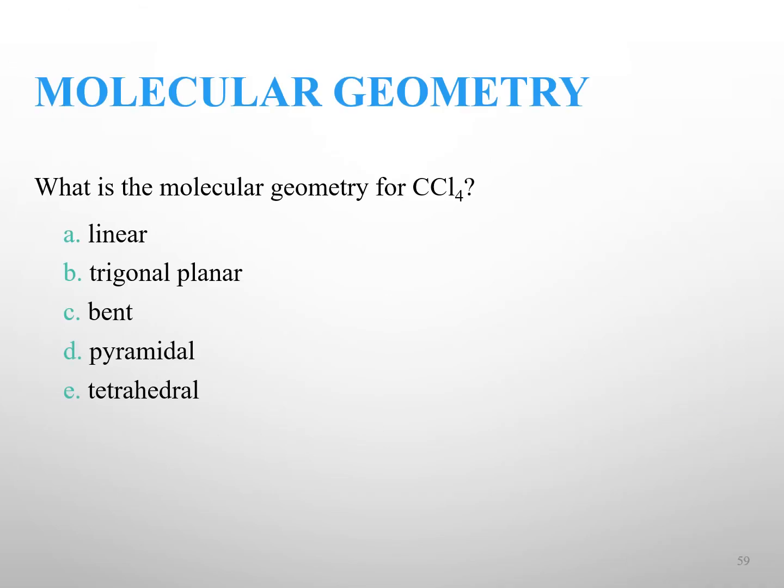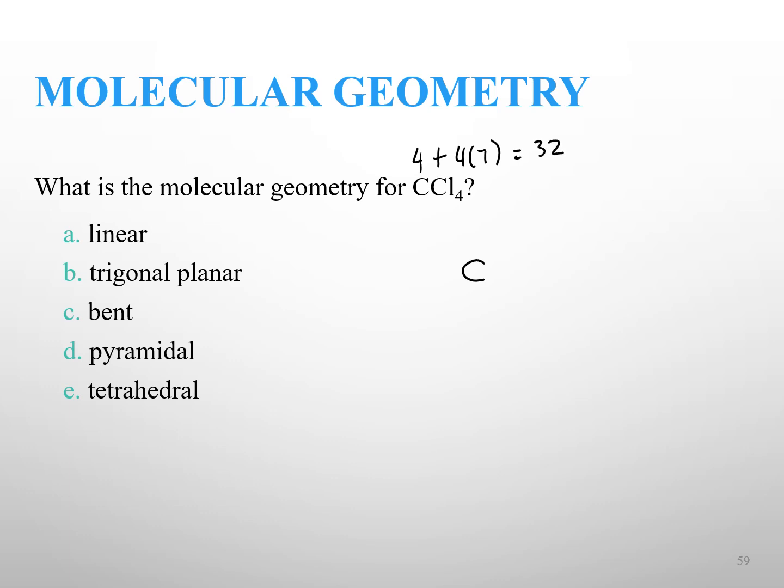So what is the molecular geometry for CCl4? Let's draw CCl4. CCl4 looks like this. So you have 4 plus 4 times 7. That should give me a total of 32 electrons.